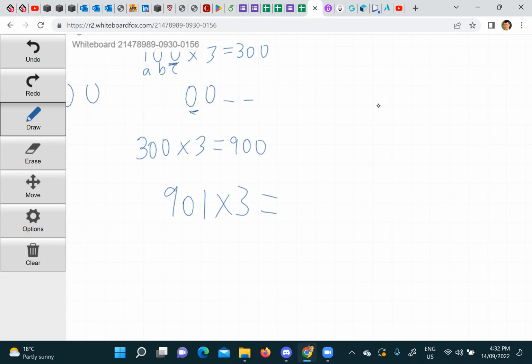Yeah, that's not how I've been doing it, but okay, sure. So 900 times 3 is just 9 times 3, right? When you're working with hundreds, you get 2,700, yeah. And then 3 times 1 is just 3. Okay, but what does this number need to be for it to be the answer to the question?